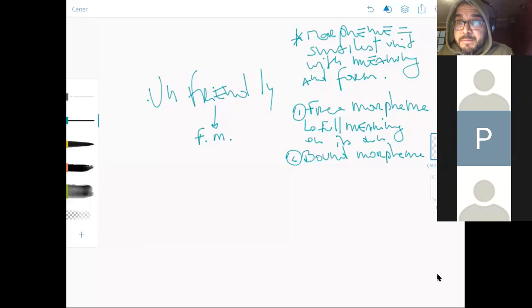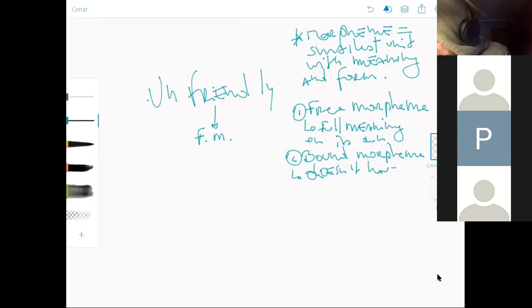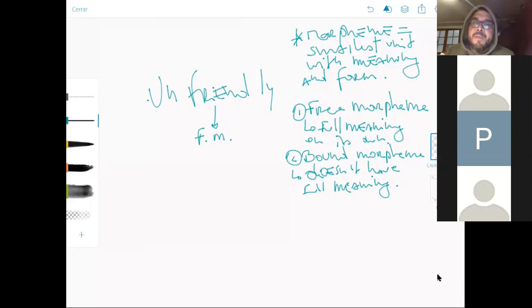This bound morpheme doesn't have full meaning, right? So arrow down, bound morpheme.